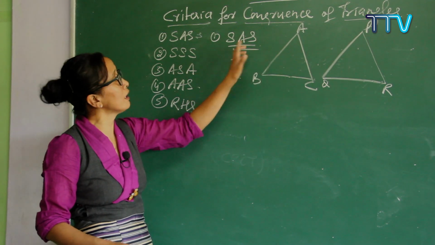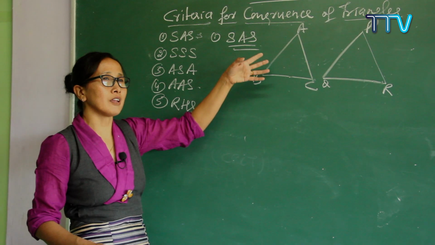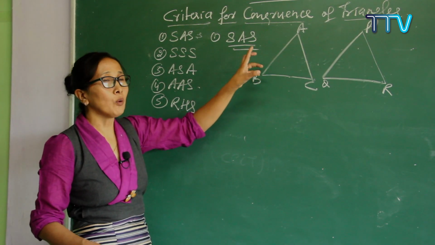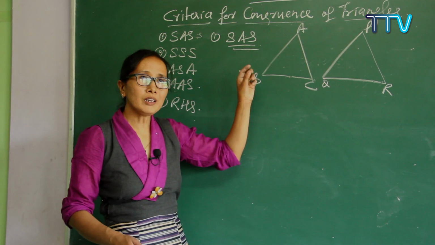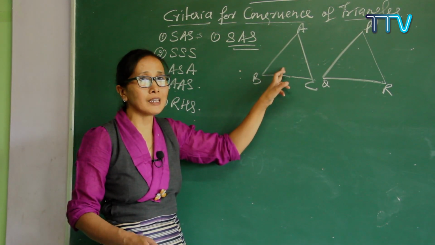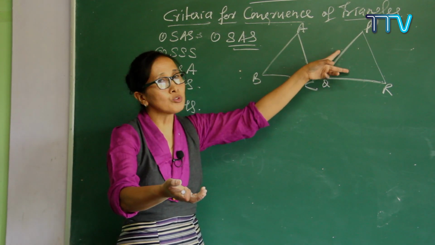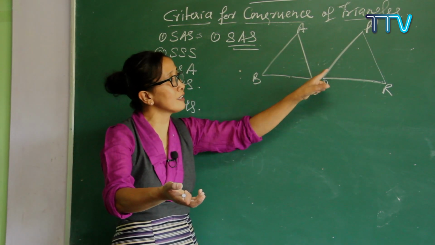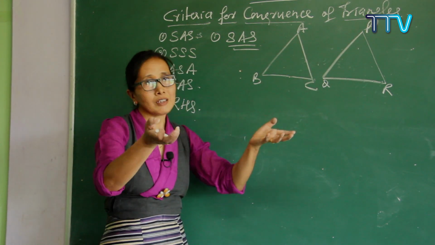Side angle side means 2 sides and 1 included angle. If 2 sides and the included angle of one triangle are exactly equal to 2 sides and the included angle of the other triangle, then these two triangles are congruent to each other.